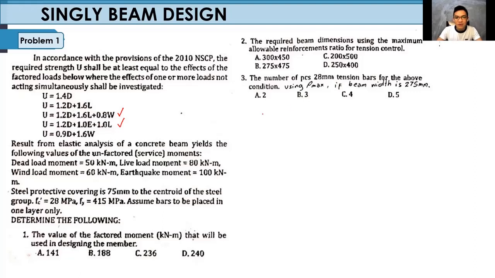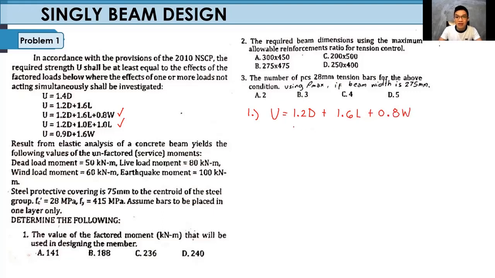Okay? So, for number 1 natin, we will be first using this equation. So, U natin, ang ultimate factored load is 1.2 dead load plus 1.6 live load plus 0.8 of our wind load.